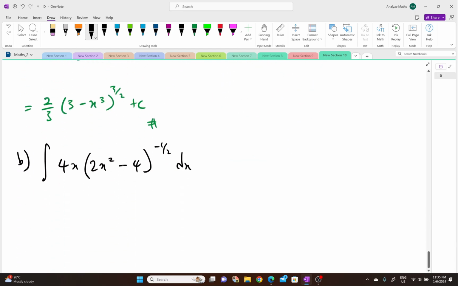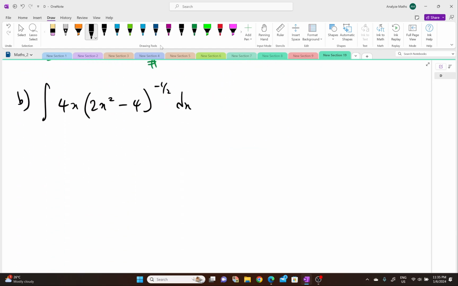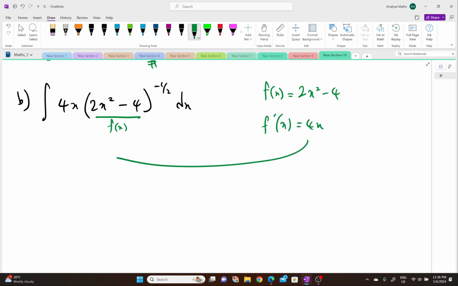Now this one, what is my fx here? This is inside here.